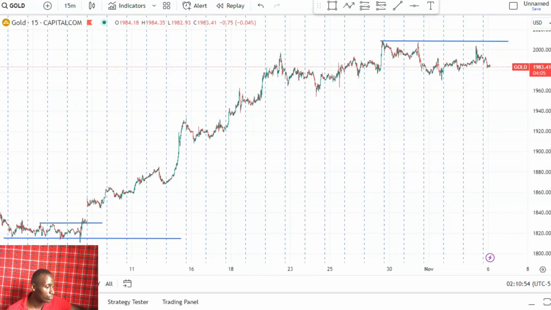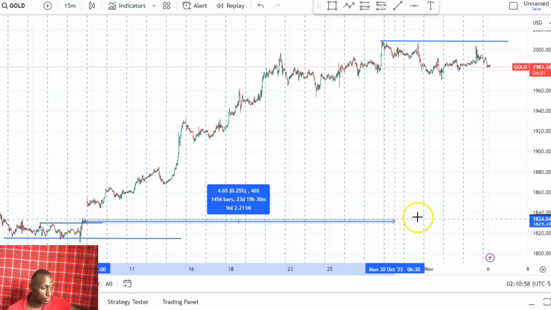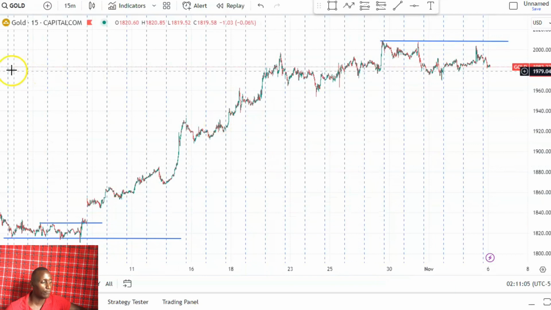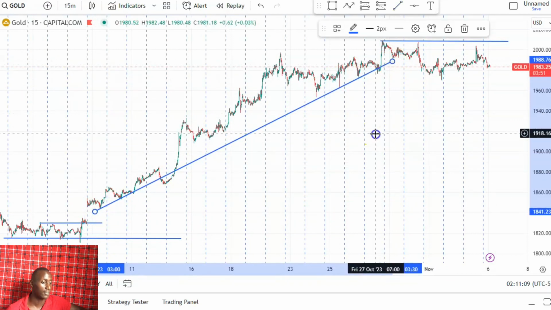This is about 21 days, which is roughly 3 weeks of price rising.